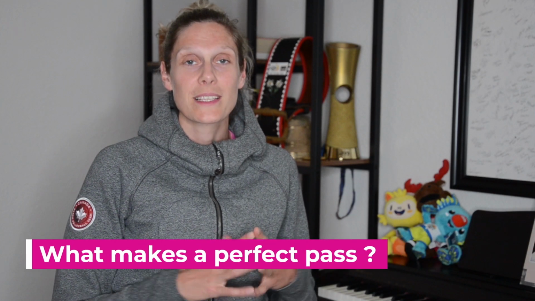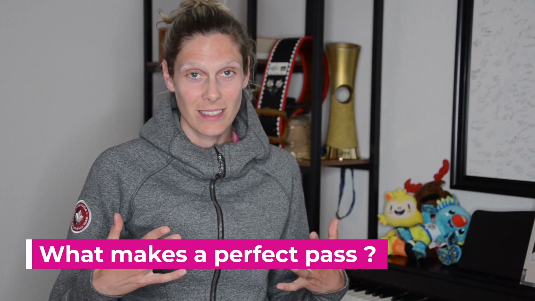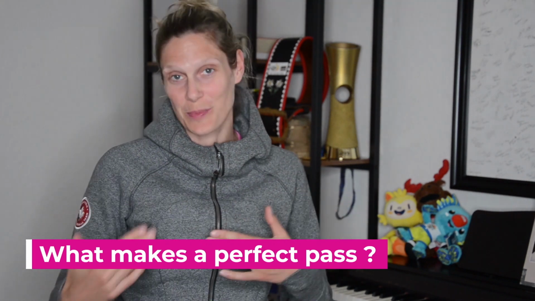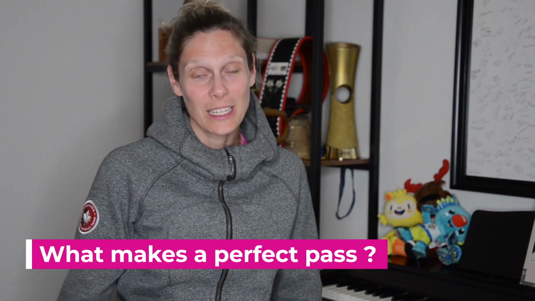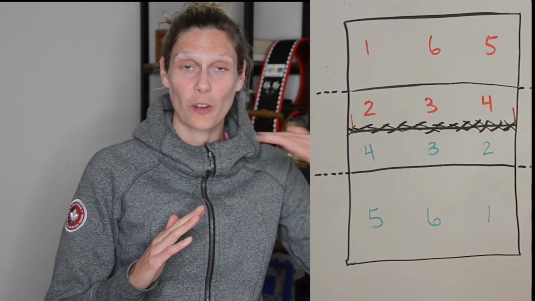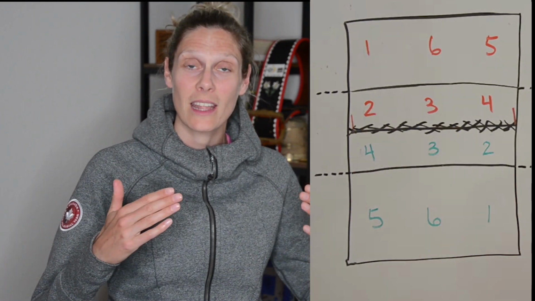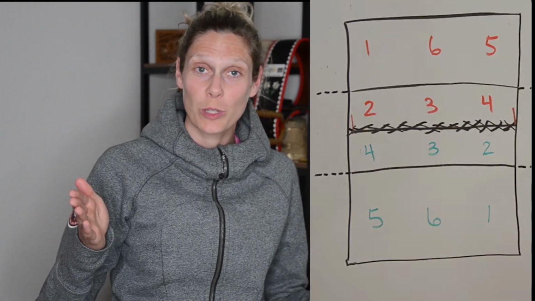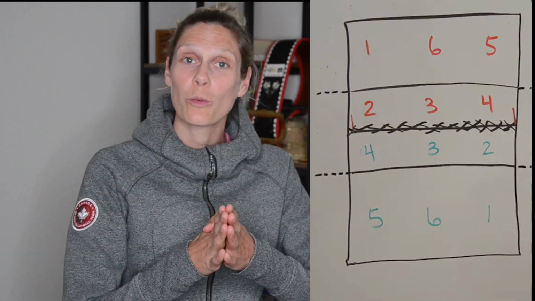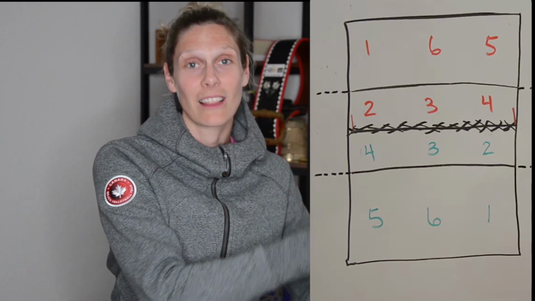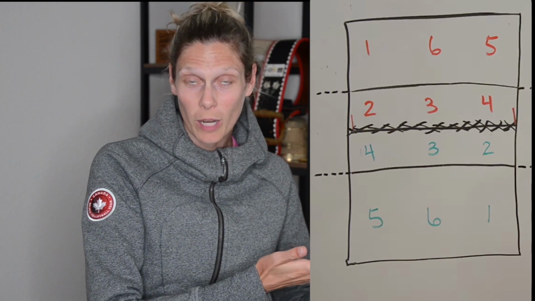Okay, to start, we are going to talk about what makes a perfect pass in indoor versus beach. So in indoor, if you've watched my previous video on the rotations, you know that along the front of the court by the net, we have the opposite, which is position 2, the middle, which is position 3, and the left side, position 4.